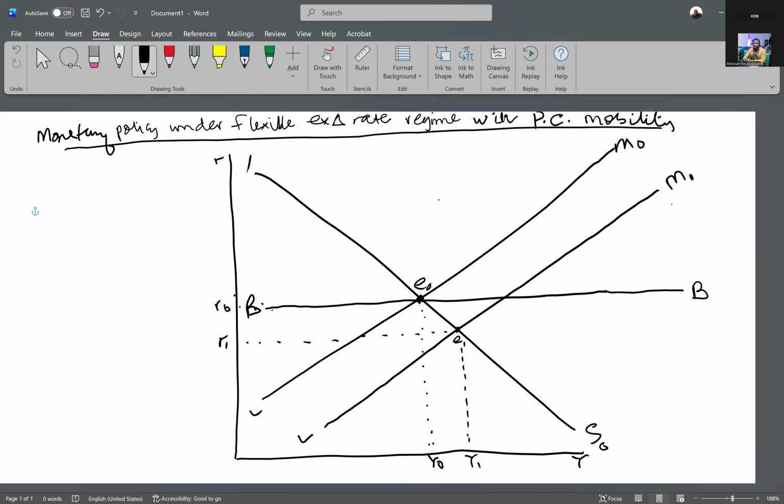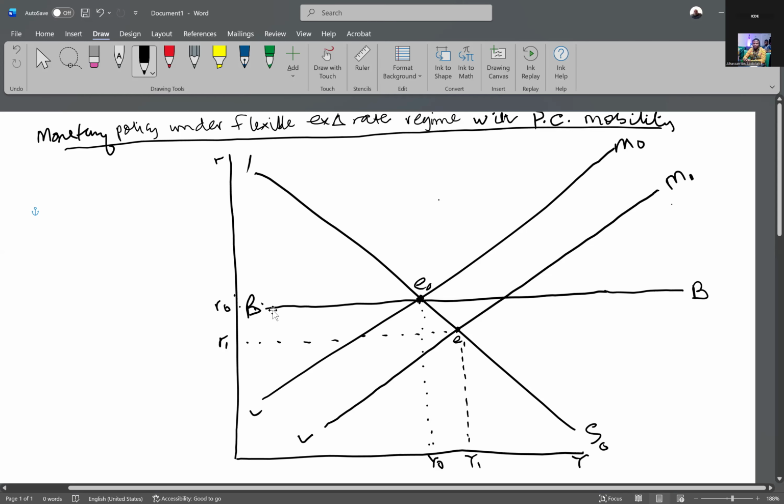Yes, Prof. So under flexible exchange rate regime, what will happen? The cedi will depreciate in value. Is that clear? Because we have balance of payment deficit, the cedi will depreciate in value.